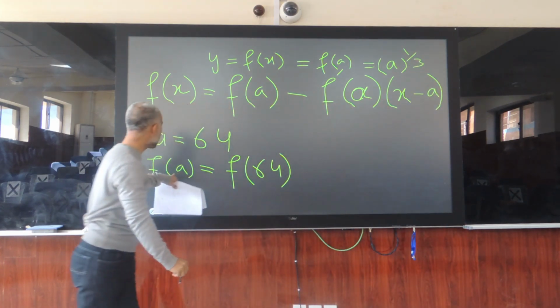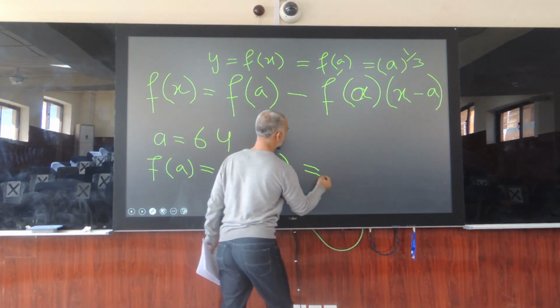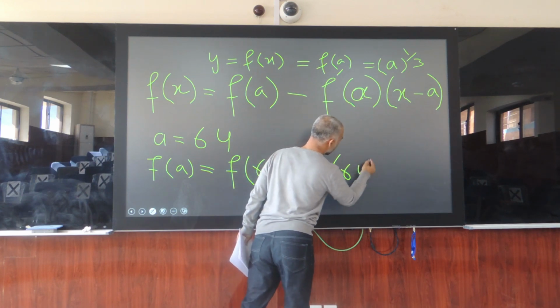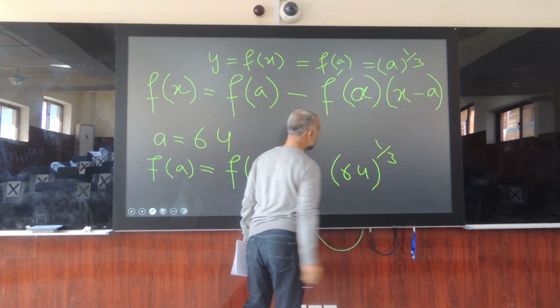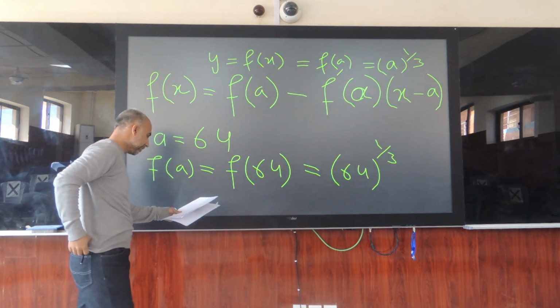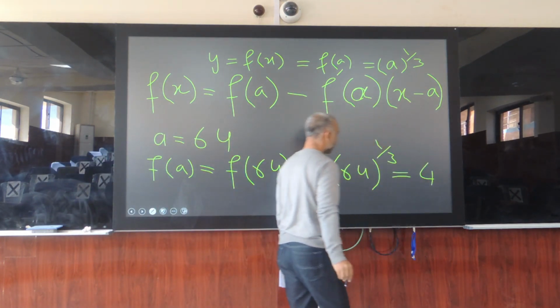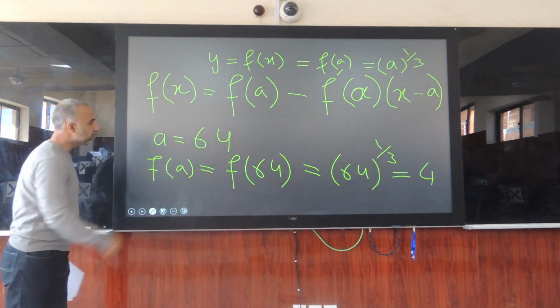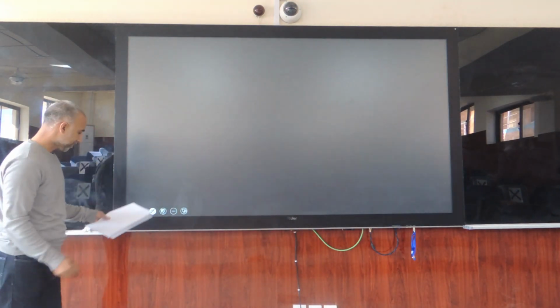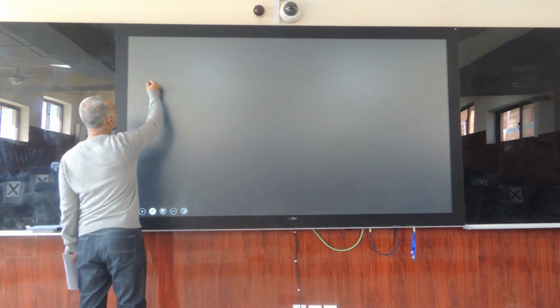So here a is 64, so we can write 64 to the power 1 over 3, which reduces to 4. f of a equals 4.